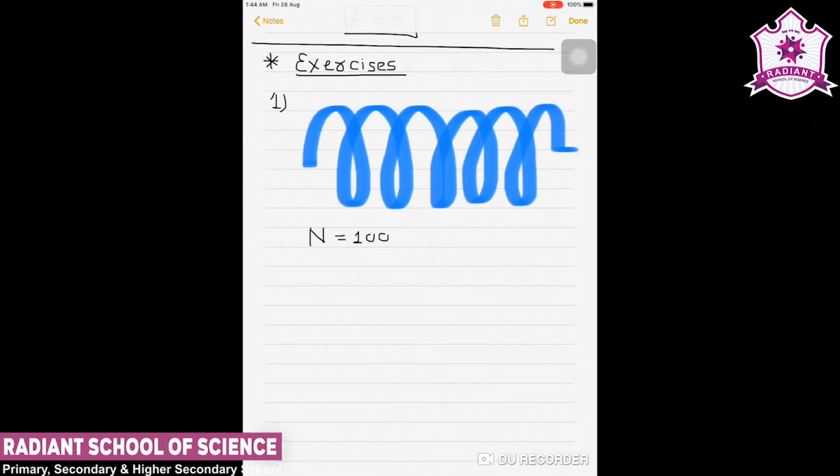Then it is given that the radius of each turn, this part we can consider like this, is R, and that is given as 8 centimeter, that is 0.08 meter.